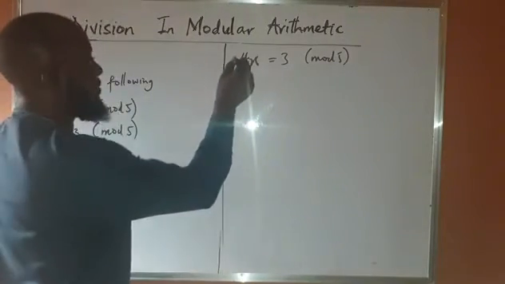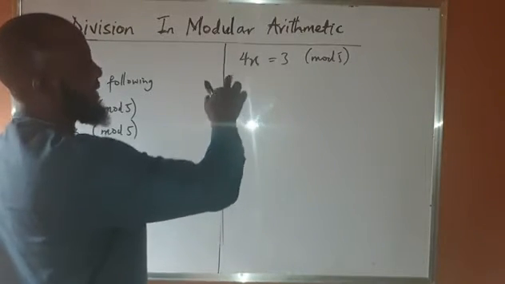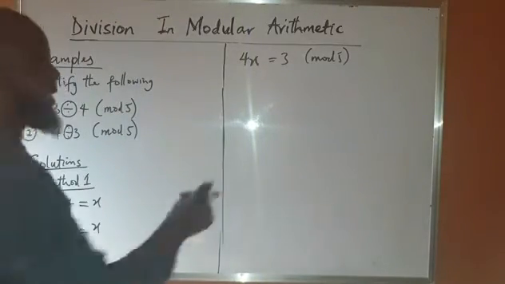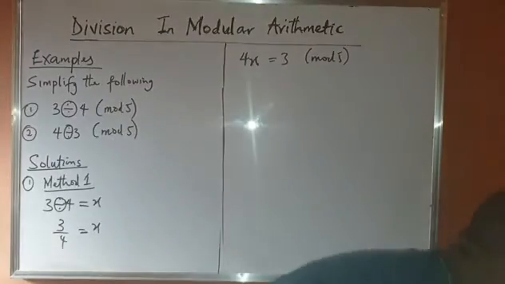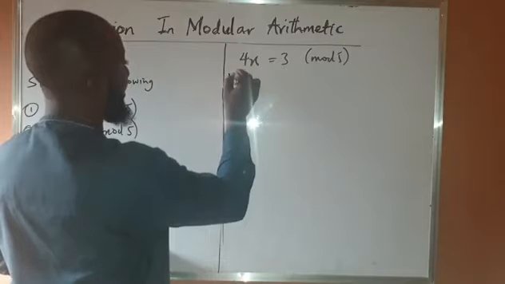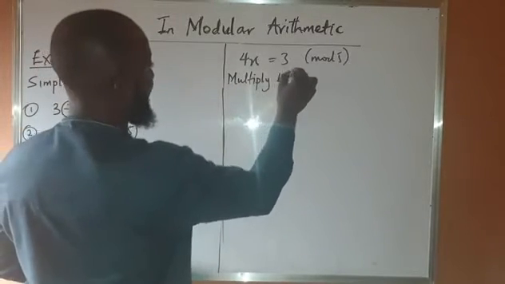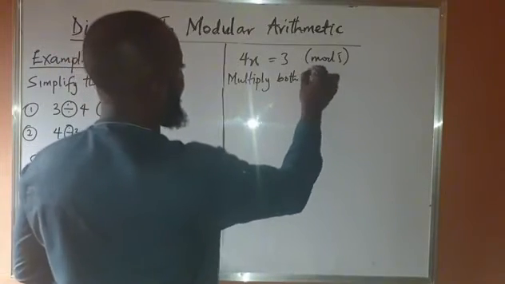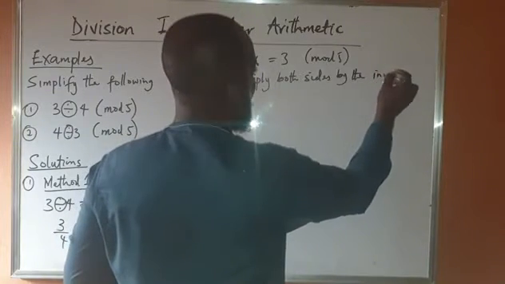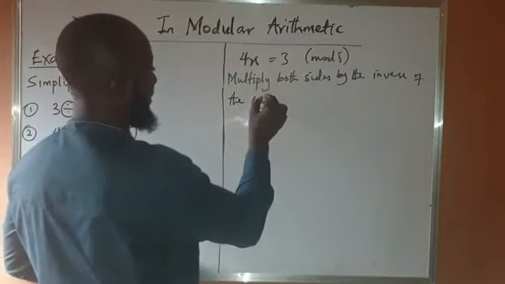That is, we want to find the inverse of 4. That inverse will be multiplied by both sides to get our final answer. It's very simple: multiply both sides by the inverse of the coefficient of x.